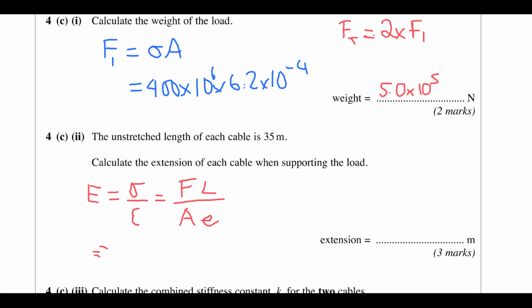So if we want the extension, we can just basically swap extension and Young modulus, because we multiply both sides by extension, divide both sides by Young modulus. So let's put in the numbers. So we've got the load. It was going to be half of that one. So what was it? 248,000.